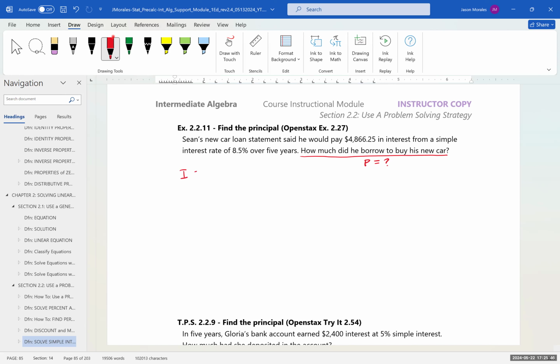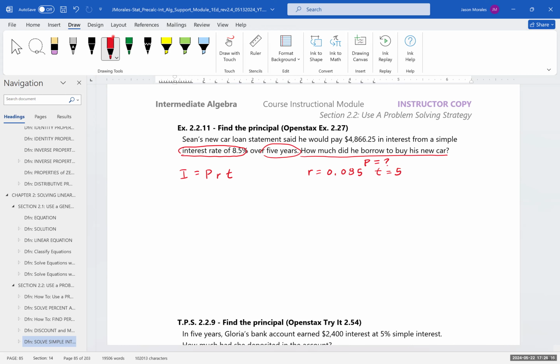So we've got I equals PRT. Here we know the interest rate was 8.5%, so the rate is 0.085. And it says over 5 years, so T is equal to 5.